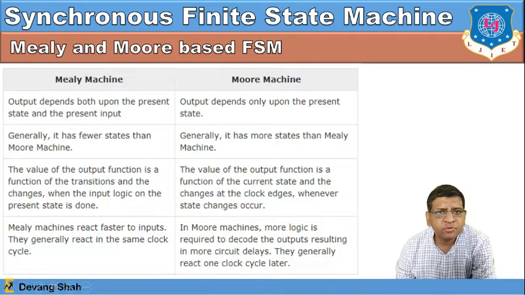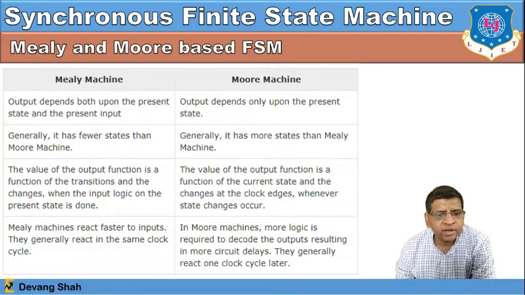Generally a Mealy machine has fewer states than a Moore machine, and a Moore machine generally has more states than the Mealy machine, right? In a Mealy machine, the value of the output function is a function of the transitions and changes when the input logic on the present state is done. But in a Moore machine, the value of the output function is a function of the current state and changes at the clock edge, whenever the state changes occur, right?